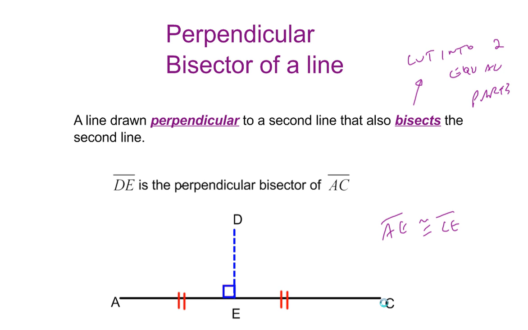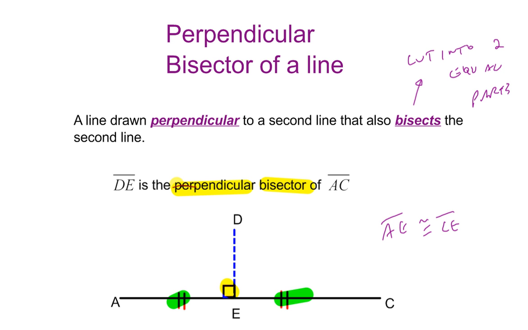So DE is perpendicular to AC. DE is also the bisector of AC. So we call that a perpendicular bisector. Okay, so DE is a perpendicular bisector. It is perpendicular, denoted by this. It is a bisector, denoted by these right there.